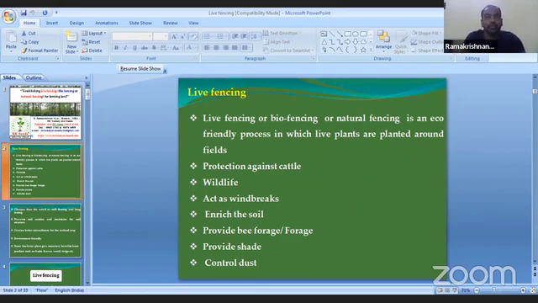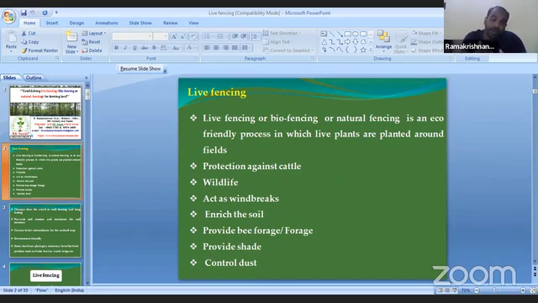Now we are in a modern technology world, but with live fencing we see more advantages, such as the enrichment of our soil nutrients, micro and macronutrients. Second, with live fencing the fallen leaf becomes green manure for our soil.